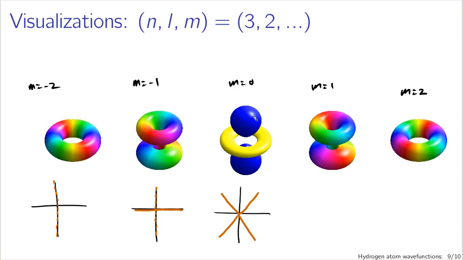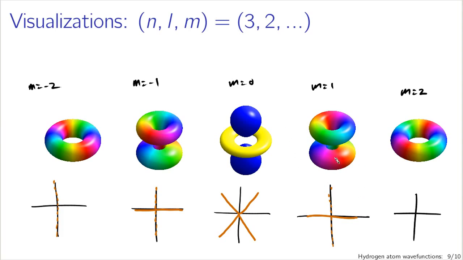The same pictures, of course, apply over here and over here as they did here. Particle, in this case, unlikely to be found in the xy plane and unlikely to be found along the z-axis. This particle being unlikely to be found on the xy plane really refers to a node in theta where the spherical harmonic evaluated at theta equals pi over 2, rotating 90 degrees down from the z-axis, is 0.